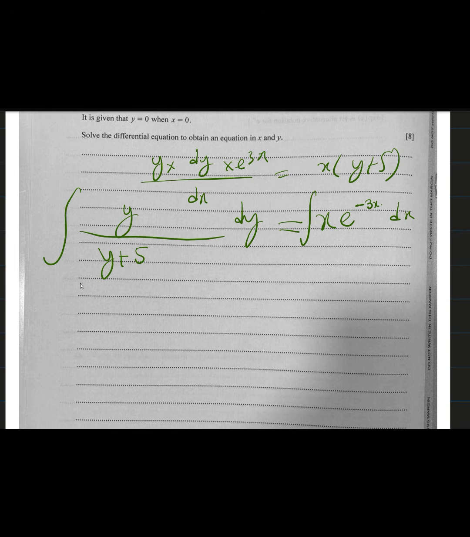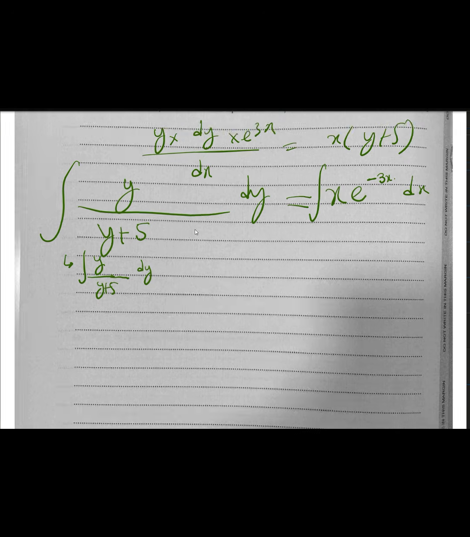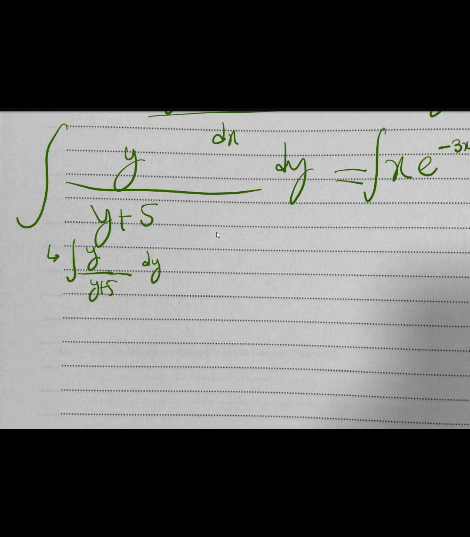If we integrate this side, the integral of y over y plus 5, I don't think there's a direct way to solve this integral, so we can use long division of polynomials. y plus 5 will be outside, y will be inside, and the first term will be y, the quotient being y over y, which is basically 1. So it can be rewritten as y plus 5, and then this goes 0 minus 5.